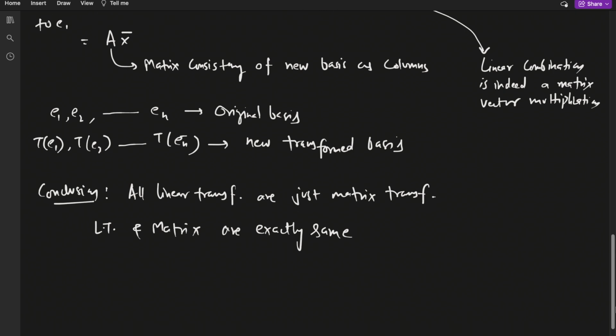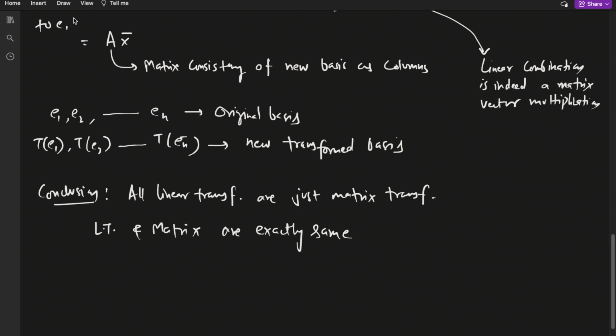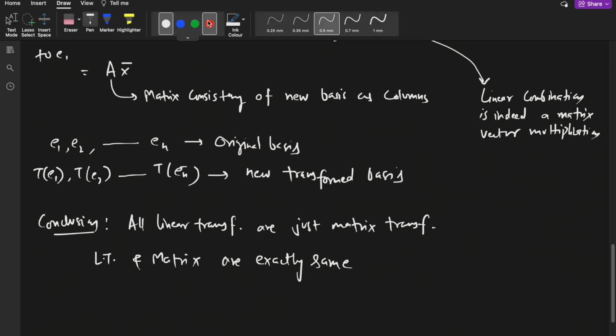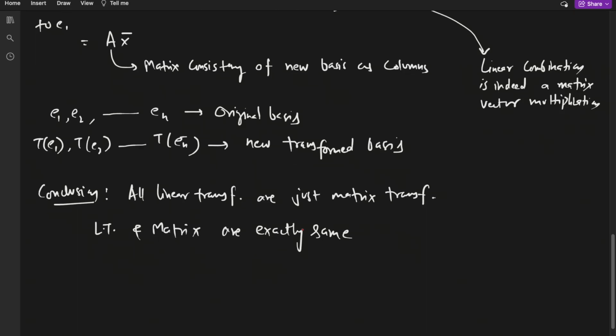What is the difference then? If they are exactly the same, then what is the difference? There is a key difference. Now I will tell you what the key difference is. The difference is linear transformation is an algebraic way, I mean, it's an algebraic way of representing things, right? Whereas matrix is a geometric or visual representation.